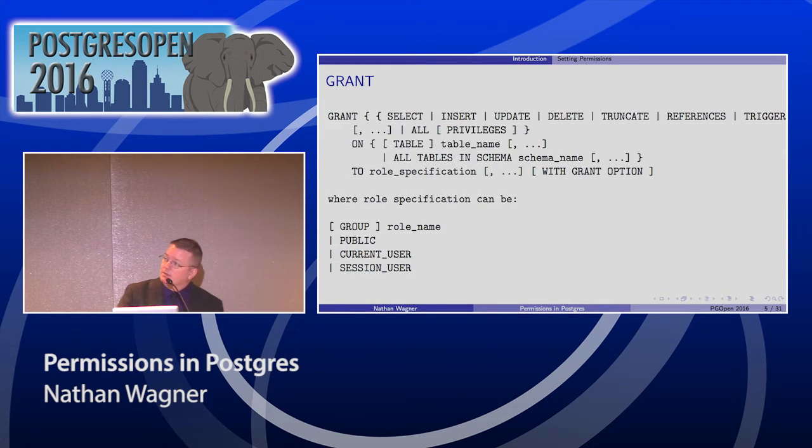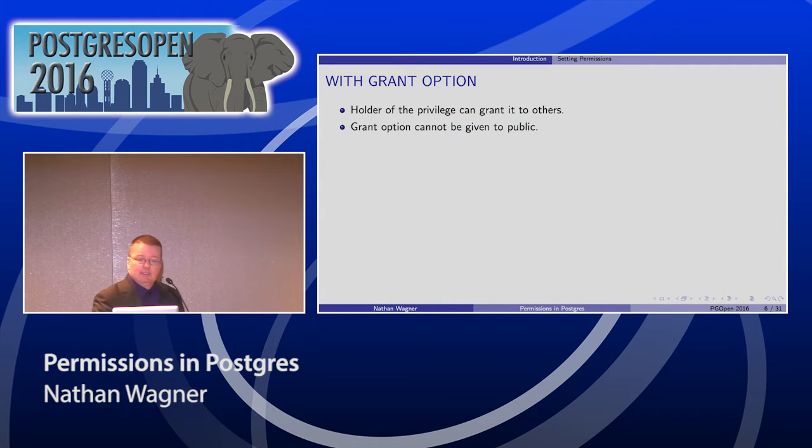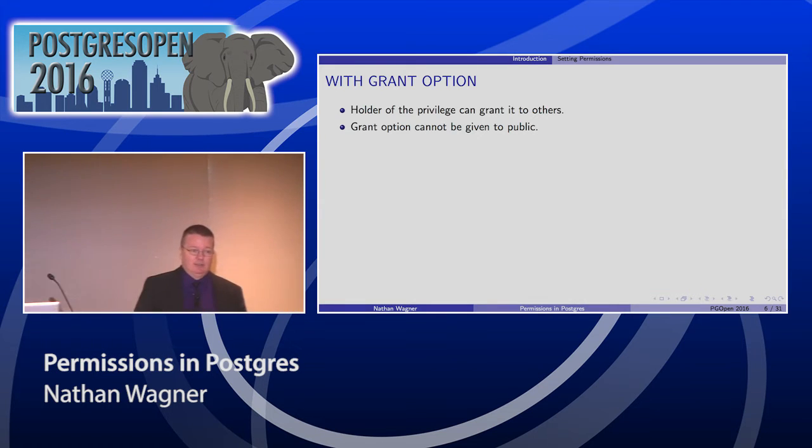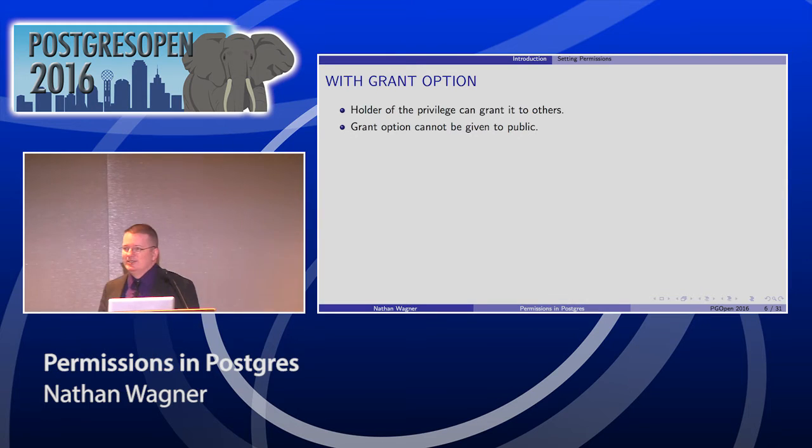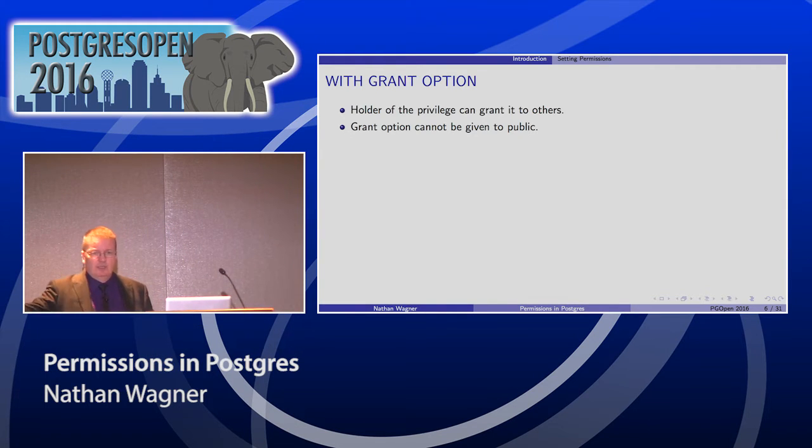You'll notice at the end here, there's also something called with grant option. What that does is it allows the holder of that privilege, say you've done grant select on table foo to Bob with grant option, and in that case, the Bob user would be able to then further grant that permission on to other users. So what that effectively does is says, here, you have this permission, but if you think other people need it as well, you can go ahead and make that happen on your own, rather than having to go back to the DBA for that.